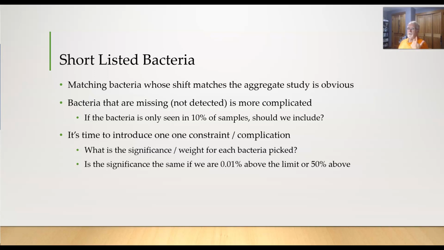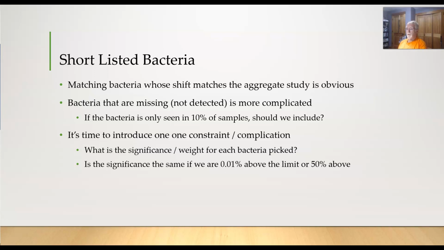That is not particularly great information to be able to be applied to an individual patient's microbiome. And we have additional problems. If the bacteria is missing, not detected, it's more complicated. Do we deem that to be a zero or not? And I would argue that we shouldn't treat it to be a zero, mainly because of my evolving understanding of how we need to view the microbiome to be actionable on it.